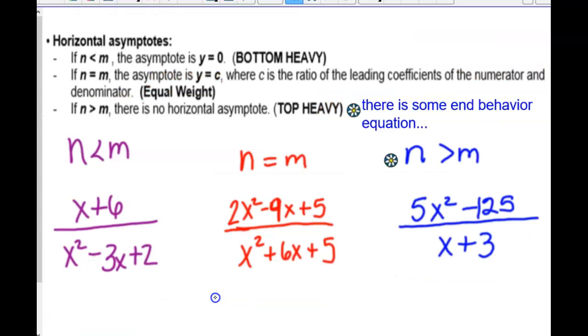All right, this horizontal asymptote business real quick. This one is bottom heavy because this is degree 1 over degree 2. Does everybody see that? The exponent power here is 1 and 2. So it's called bottom heavy because the degree of the numerator is less than the denominator. If I were to put 1,000 in here, I'd have 1,006 divided by what?